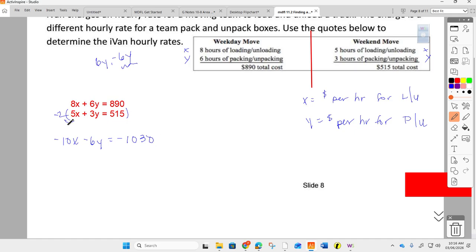Every term. We're going to stack that first one that we didn't mess with right below it so we can add them together. Negative 2 times x. Our y's are eliminated as we wanted. And that leaves me negative 140, I think.